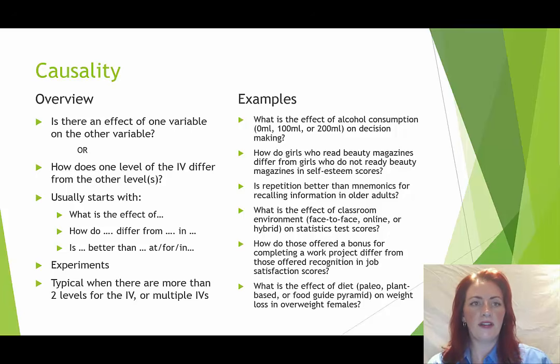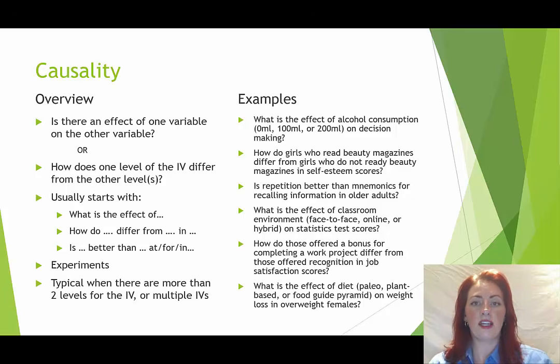An example of a causality research question is, what is the effect of alcohol consumption on decision making? And you can see that after alcohol consumption, I've listed the different levels or groups that are going to be compared. So we have 0 milliliters, 100 milliliters, and 200 milliliters. Those are those three different groups or levels of our independent variable of alcohol consumption that we're testing to determine their impact on decision making.